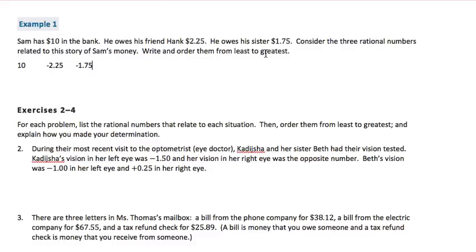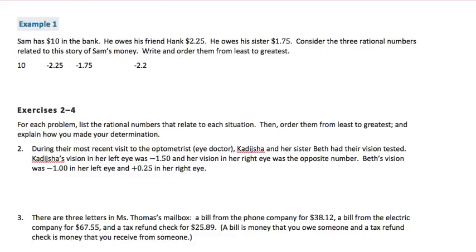Now they ask us to write them in order from least to greatest. Hopefully we know 10 is the greatest, so we don't have to worry about that one. In comparing negative 2 and 25 hundredths and negative 1 and 75 hundredths, if you cannot determine that on your own, please make sure that you draw a number line and place those numbers on the number line.